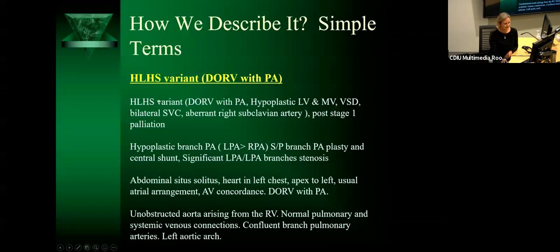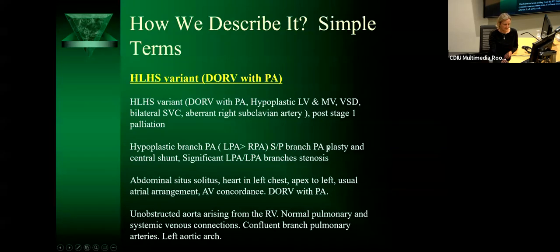And finally, hypoplastic left heart variant, double outlet right ventricle with pulmonary artery. Hypoplastic left heart variant also had hypoplastic left ventricle, mitral valve, VSD, bilateral SVCs, aberrant right subclavian artery, and hypoplastic branch PA, so the left pulmonary artery greater than the right.